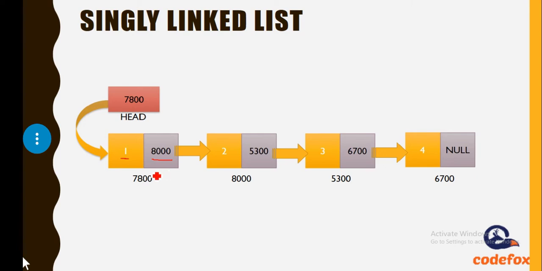So it is storing the address of next node and first node's address is stored in this head pointer, and first node is storing the address of second node, second node is storing the address of third node, and so on. Null determines the end of singly linked list since there is no node after it.